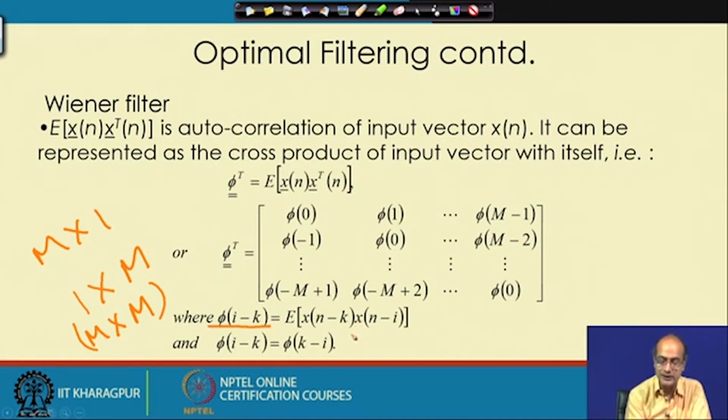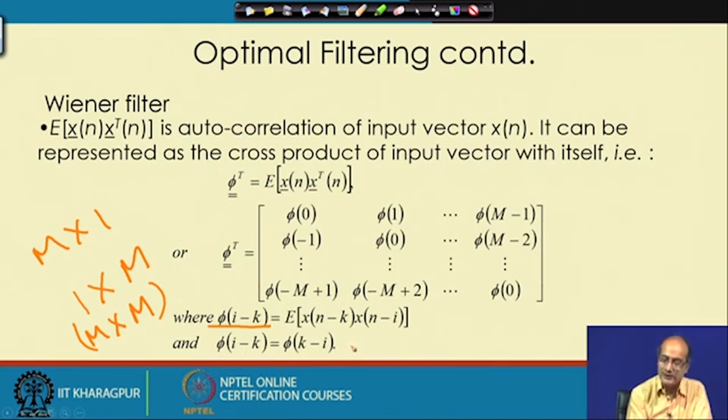Had it not been a stationary signal, we would not be able to write it in such a simple form. Another thing we note is that the expected value of the product of these two is a commutative operation, so we can change the order, and instead of phi i minus k we get phi k minus i. So, phi i minus k equals phi k minus i.